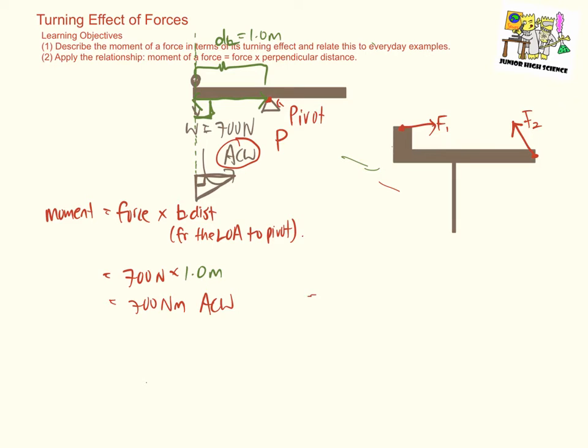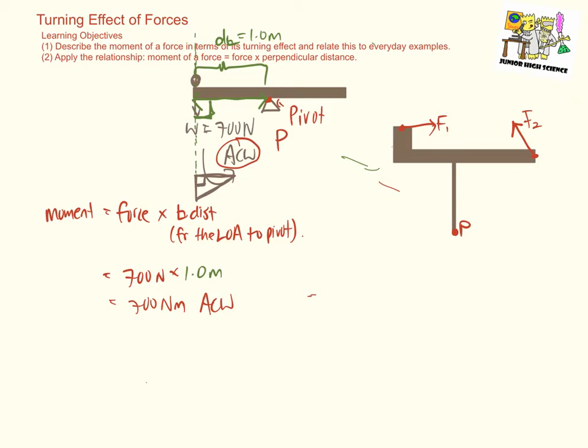We are supposed to find the turning effect on this structure caused by F1 and F2. So first step, always have your diagram sketched out with the forces. Step 2, always figure out where the pivot point is. So in this case, the pivot point is here. I'll label it with a P.